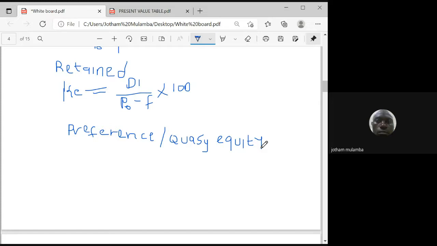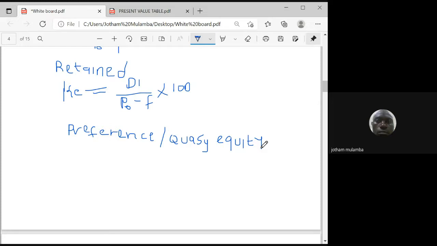The 7th and 8th, we have convertible preference shares and non-convertible preference shares.